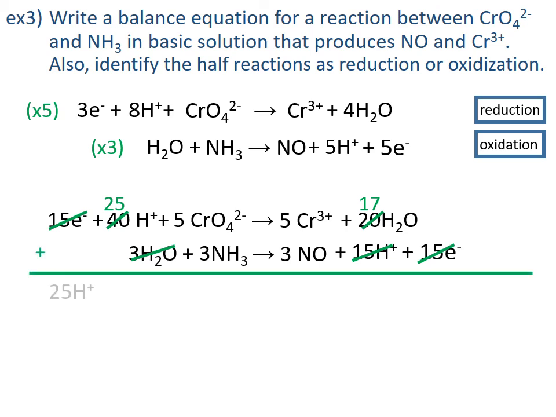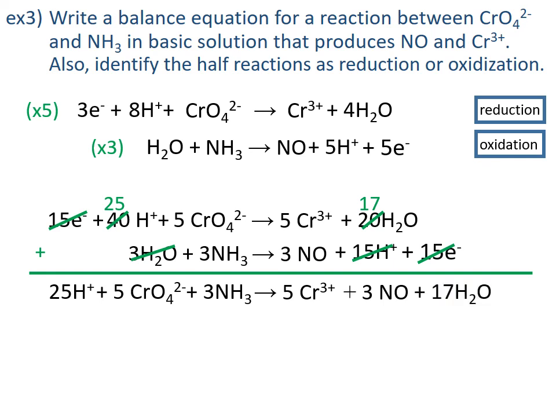I will then add this all up, and that gives me 25 H plus, 5 chromate ions, 3 ammonia molecules, 5 chromium 3 ions, 3 nitrogen monoxide molecules, and 17 water molecules.